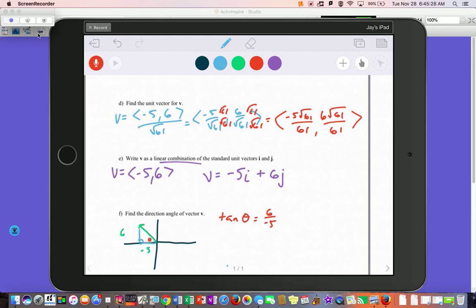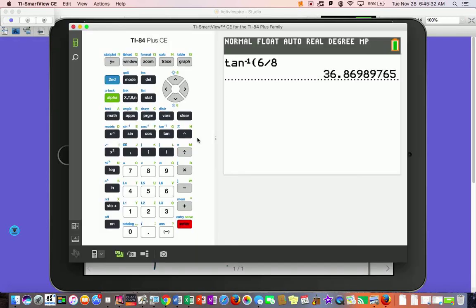So to do this, we'd go to our calculator. We're going to do inverse tangent of the 6 divided by negative 5. I get negative 50.